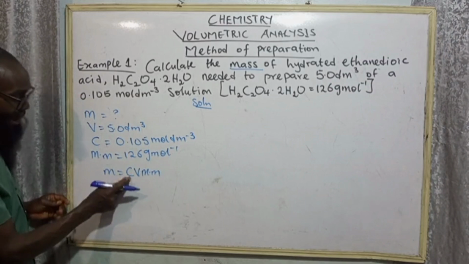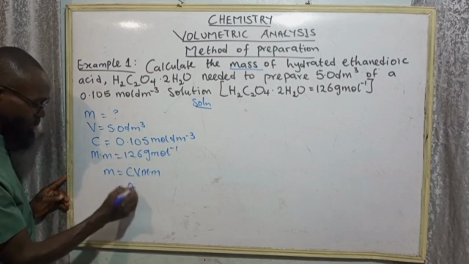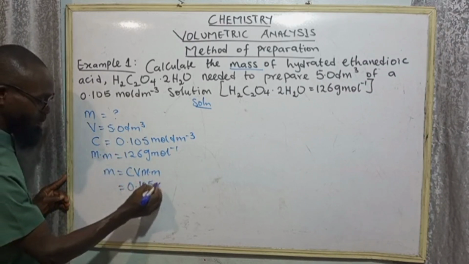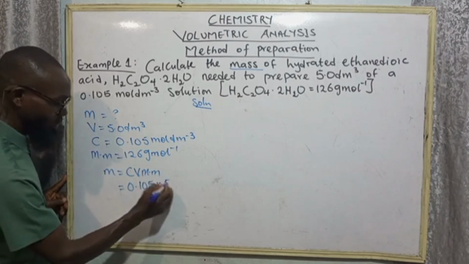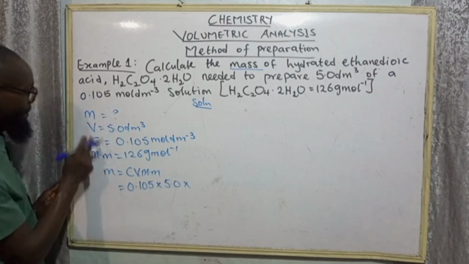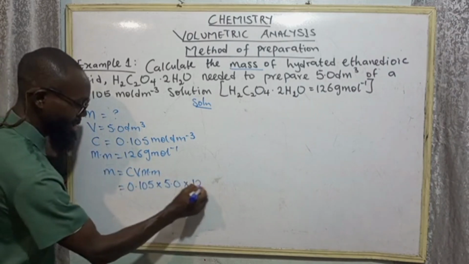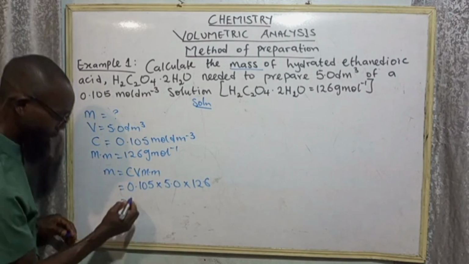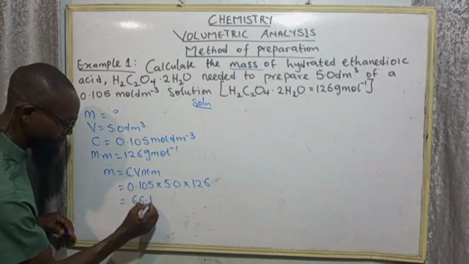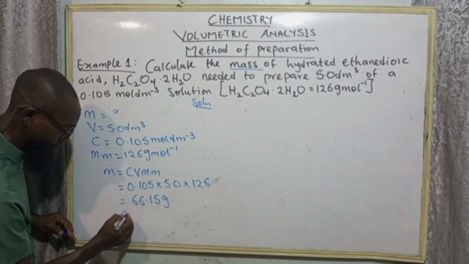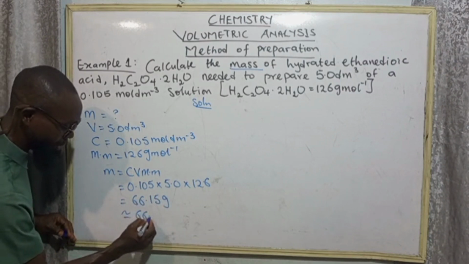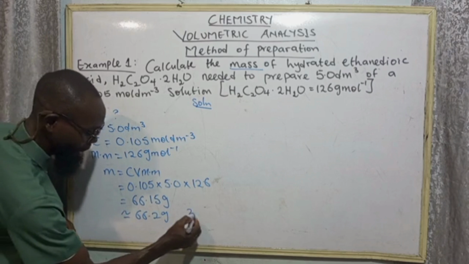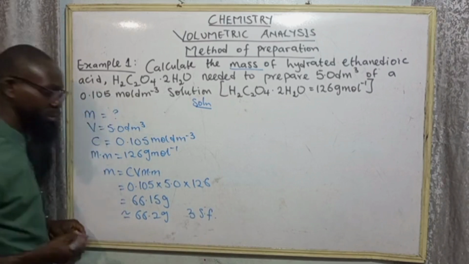So our concentration is 0.105 multiplied by our volume 5.0, and our molar mass given here is 126. So let us multiply. What do we have? We have 66.15 grams, approximately 66.2 grams to 3 significant figures.